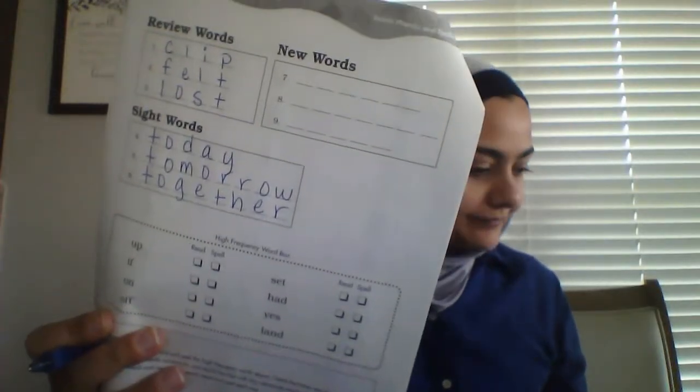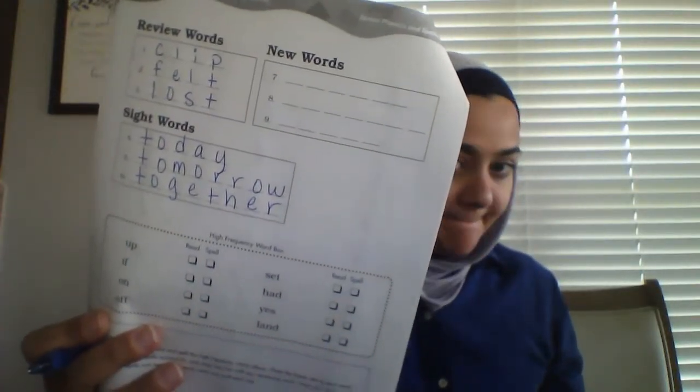Let's write this down. Together. T-O-G-E-T-H-E-R. Together. That's how that should look. All right, now we're going to keep the new words blank for now, and let's move on in our lesson.